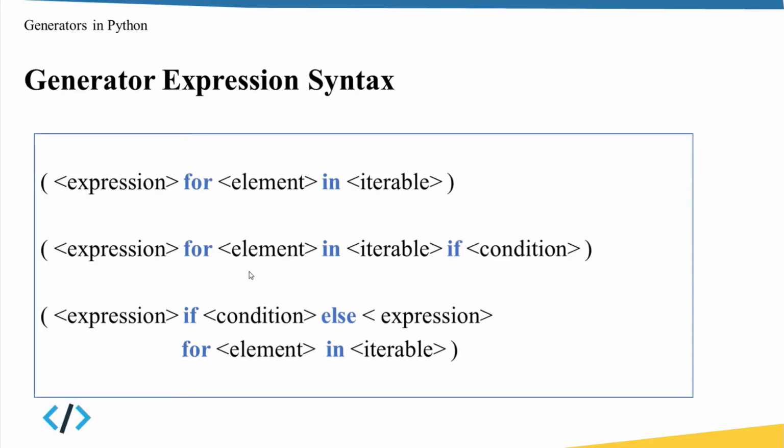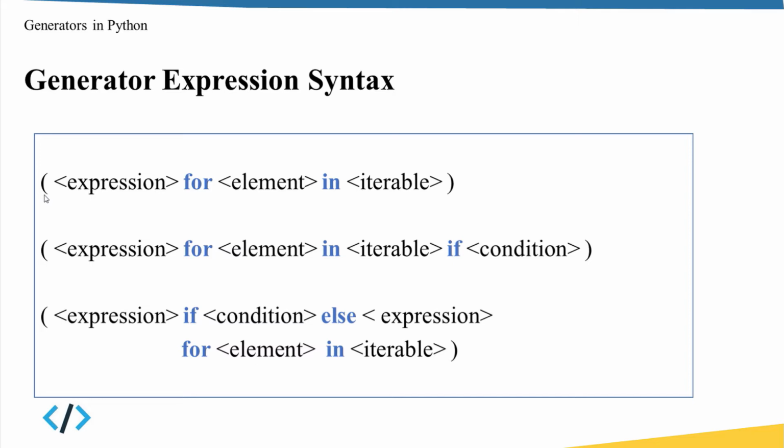A very important note here: if you want to use if alone, it comes after for. If you want to use if else, it comes before for. And as you see here, the syntax of a generator is exactly the syntax of comprehensions that we learned about in a previous lecture. But here, you have to be careful that we use parentheses instead of square brackets or curly braces. So parentheses create a generator expression.